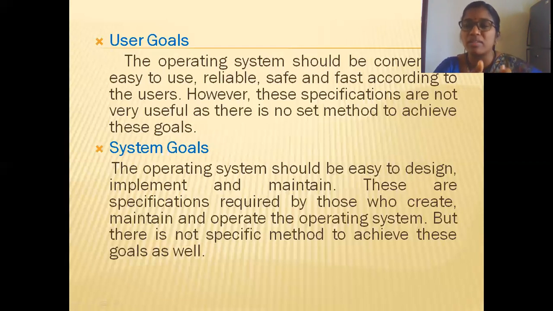We cannot say it should be like this only. We feel like this. Agree with me? So these are all the troubles while designing an operating system.